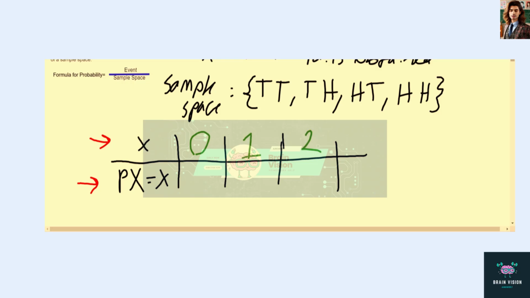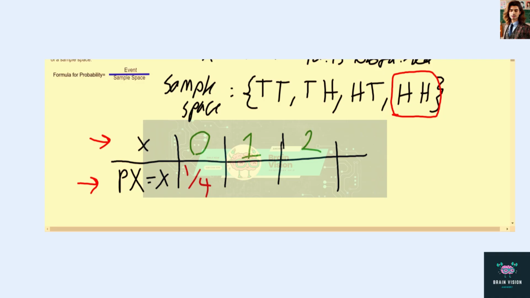Those are all 3 of our options of how many tails could occur in 2 coin tosses. So with 0 tails occurring, the only instance of that is over here with our 2 heads. So with that, there's only 1 of them, and we have 4 options, so then our probability becomes 1/4.